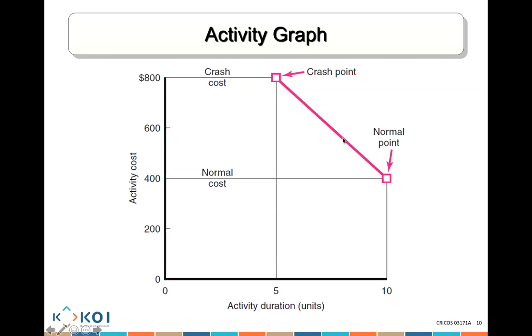I reduce the duration, my costs increase, all the way until I reach my crash point, which is going to cost me $800. So to crash it for these 5 periods, between day 10 and day 5, it's going to cost me an extra $400, which is the difference between $400 and $800.